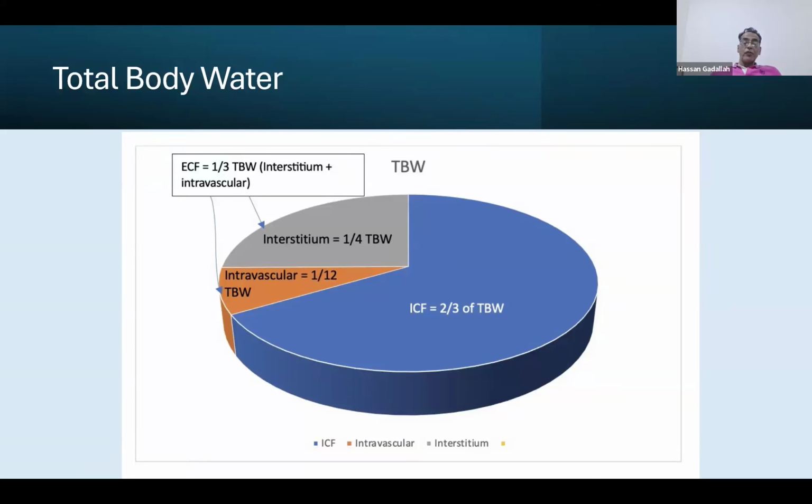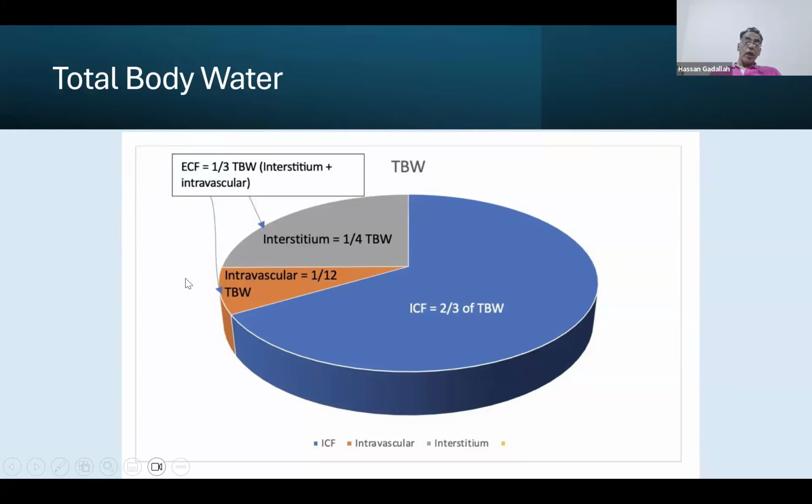The second fact that we have to remember here is that sodium is the major contributor of the extracellular osmolarity, but potassium is the major contributor of the intracellular osmolarity. And the third fact, that usually the fluid gain or fluid loss is primarily from the extracellular compartment. It's not from the intracellular compartment, because we are gaining fluids either by oral intake or by intravenous fluids.